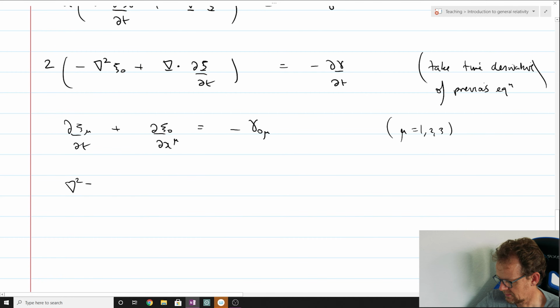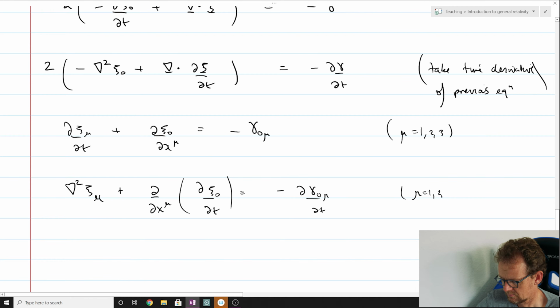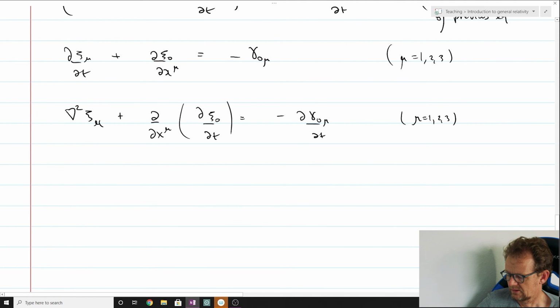And this final equation is nothing but this third equation where we've taken the time derivative, an additional time derivative. So this is an initial value problem. It gives some initial values for psi mu and their time derivatives, and then we solve them.